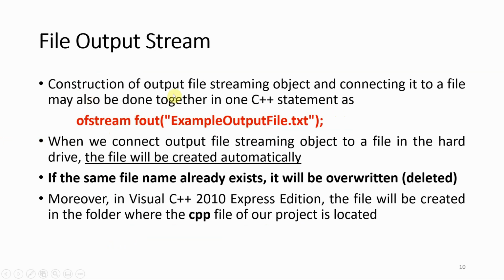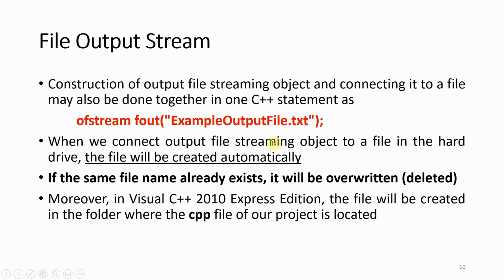Okay, so construction of output file streaming object and connecting it to a file can be done together in one C++ statement as follows. So in this case, you're instantiating an object of class ofstream. We name it fout, and this is going to open the text file either for writing or overwriting on it. So in this case, you don't need to open it anymore, right? This is already implicitly done in the non-default constructor, and we don't need to worry about that.